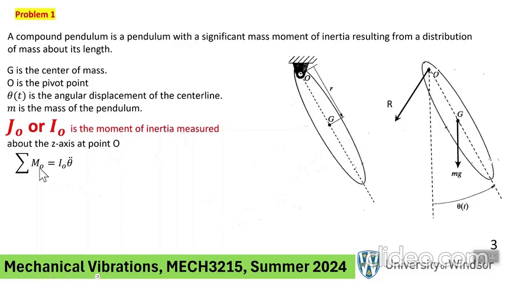About the point O, this one has a negative moment. R about O, of course, is 0 because it goes through O, and therefore the expression for the moment is going to be mg times the moment arm, and the moment arm is actually this r times sine of the angle theta.